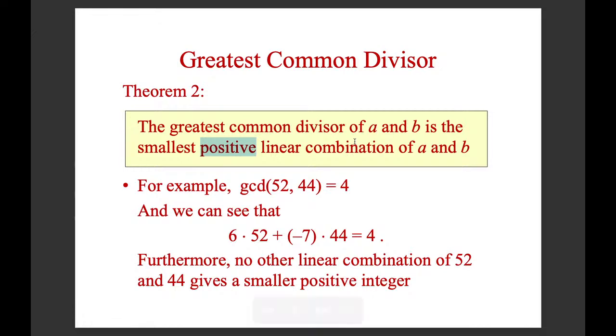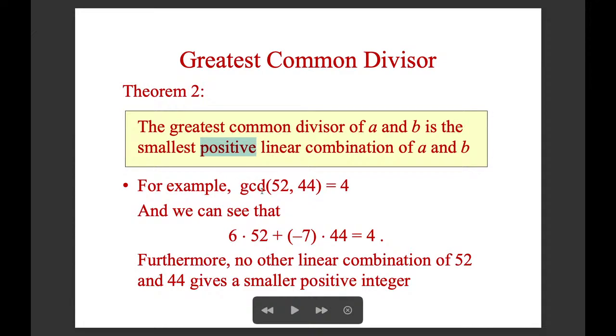That's easy, because we take B copies of A and take minus A copies of B, then they add up to 0, right? So what we are showing here is there can be many different linear combinations of A and B, and we find the smallest positive one, and this is always equal to the GCD value.